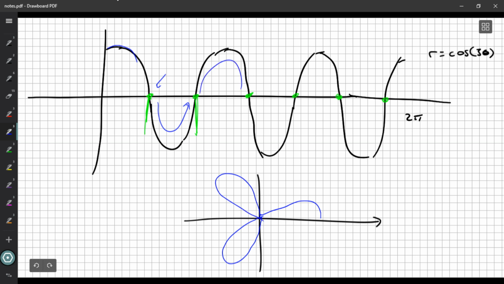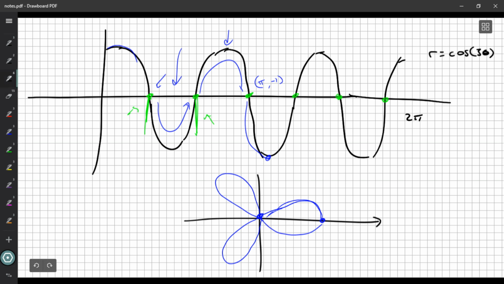Then we go up and around, hit the pole again. And then here at pi, we're back to where we started, and then we go through the whole process again. So each one of these peaks and valleys, or hills and valleys we might say, represents drawing one petal, going from pole to pole.